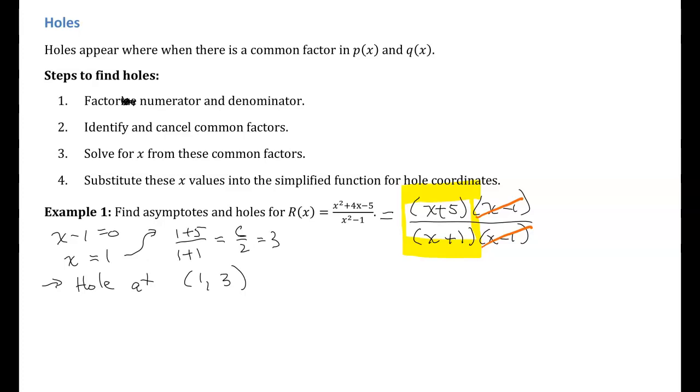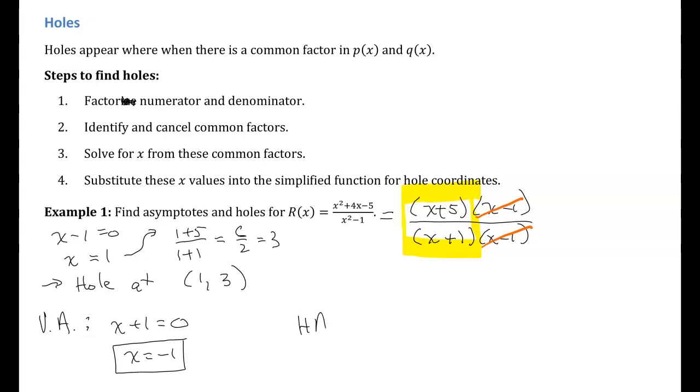All right, let's go ahead and take a look at asymptotes. So for vertical asymptotes, the factor that's left in the denominator is x plus 1, so we'll set that equal to 0, which means that x equals negative 1 is a vertical asymptote.